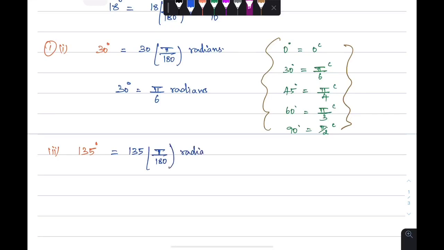If you're listening to this session, I want you to write along with me. Have a pen and paper, start writing it, calculate it. So 135 into pi by 180 can be simplified as what? I'm giving you time. You do it along with me. It is 3 pi by 4 radians. Very good.